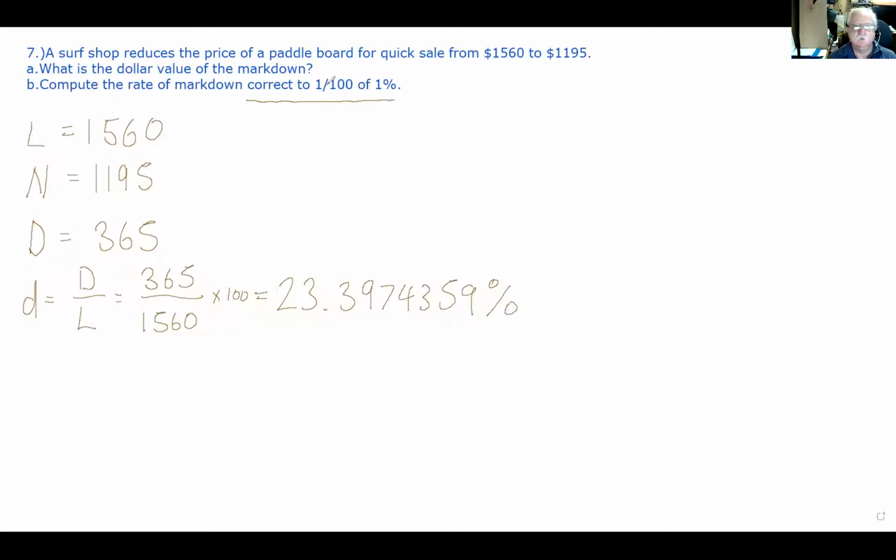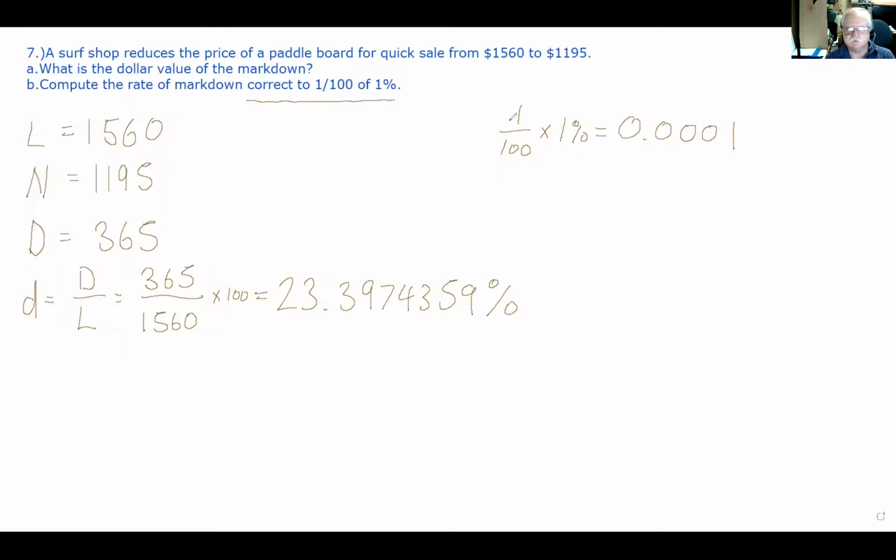And they've told us compute the rate of markdown correct to 1/100th of 1%. So 1/100 times 1%. What does that give us? 1% divided by 100. And that gives us 0.0001.